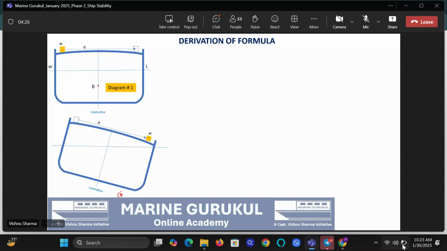So I'll be using the righting moment and heeling moment in the equilibrium condition, and I'll not take the listing moment from the upright condition. Okay. So in the listed condition, just see guys, what is the horizontal distance between the centers of gravity of the W before shifting and after shifting?